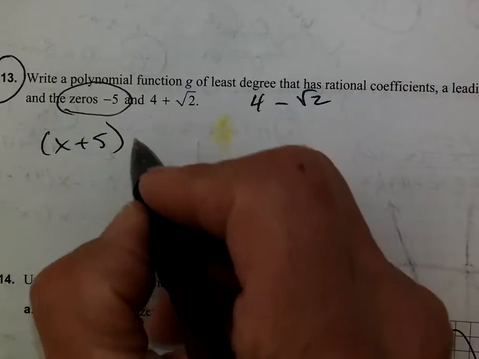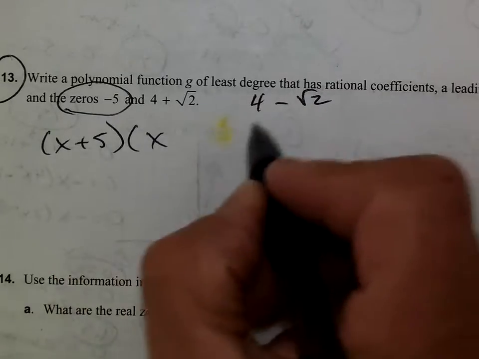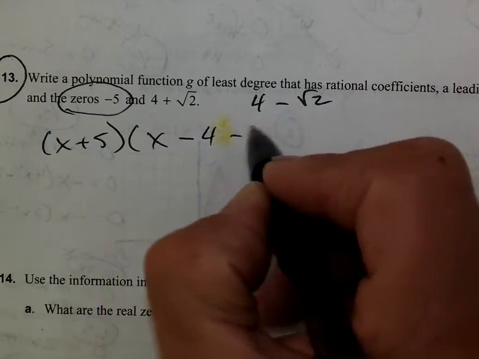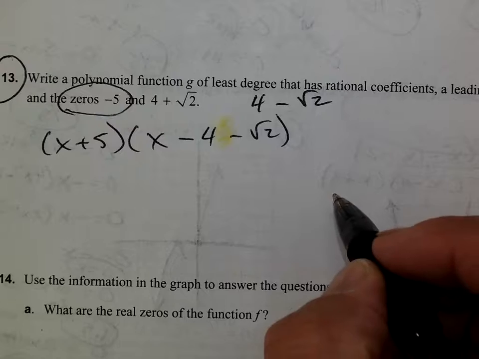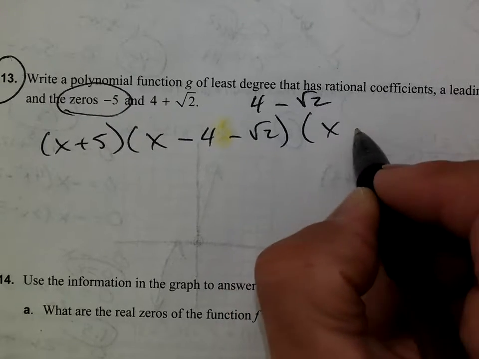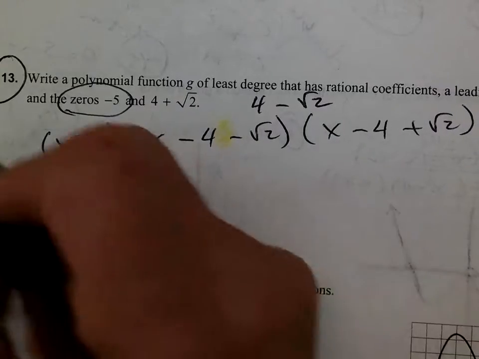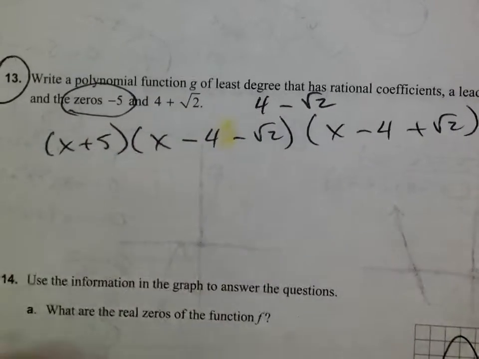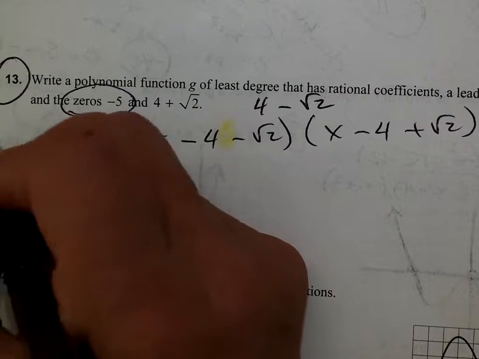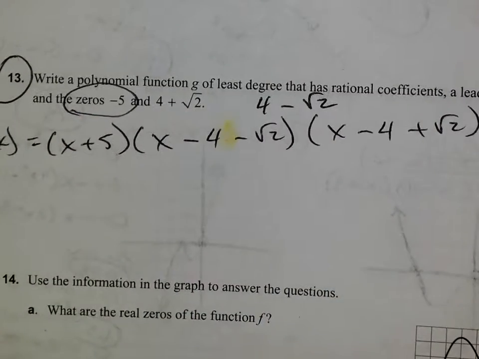So then I would have an x minus a 4 minus the square root of 2, and an x minus a 4 plus a square root of 2, and all that, if it equals 0, would get you these answers. All right, so let's make this p of x equals that, okay?